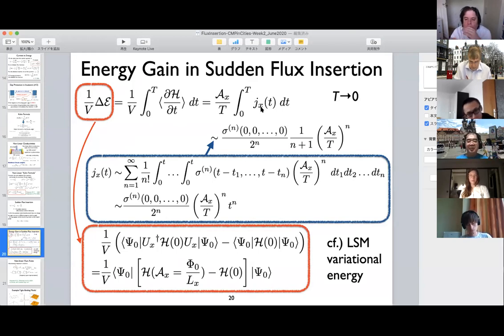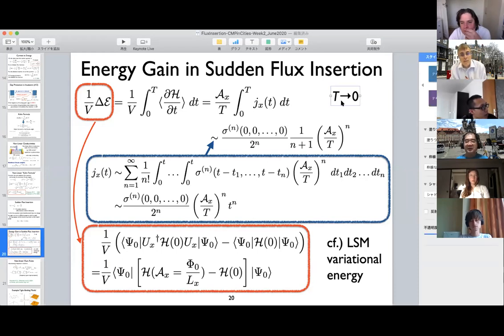So now you want to integrate this Jx over time, and the Jx, including the nonlinear responses, can be written generally in this way: the real-time nonlinear conductivity times the nth power of the electric field, because we have a constant electric field throughout the process, and do the integral. But now we consider the limit of sudden insertion.